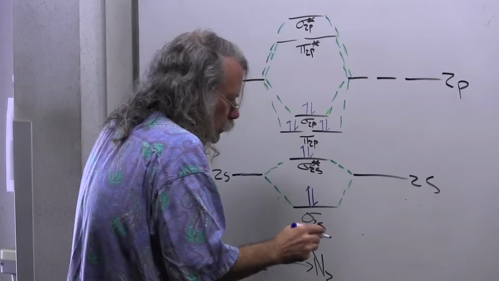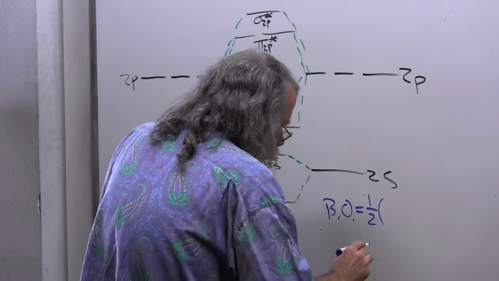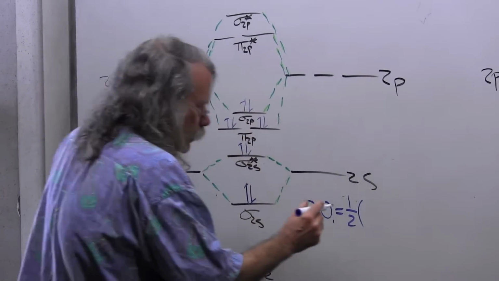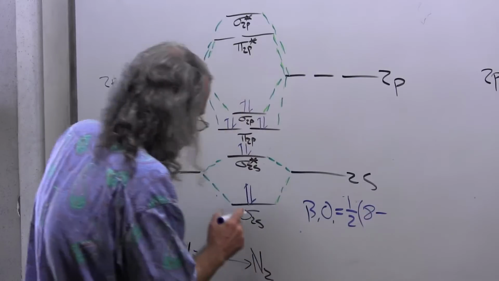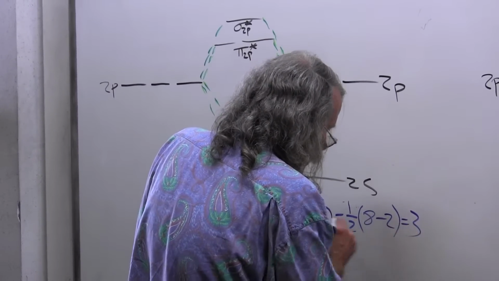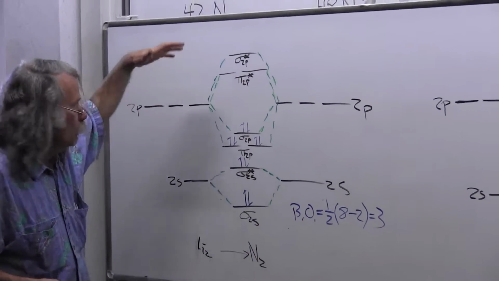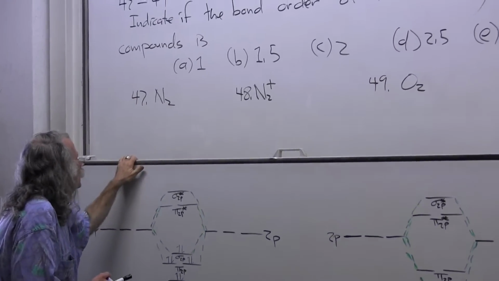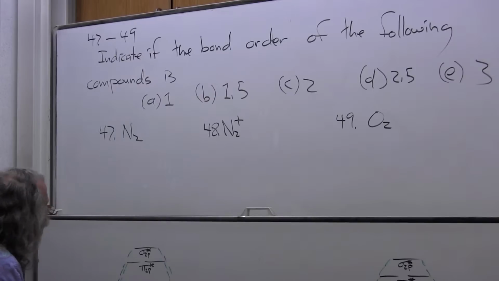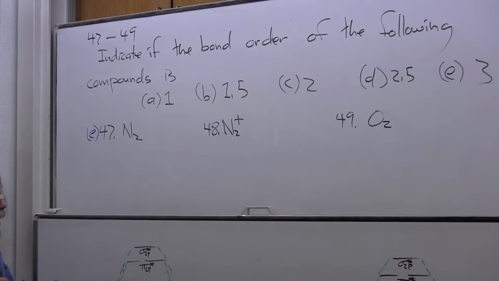And so my bond order is equal to 1/2. I have 2, 4, 6, 8 bonding electrons minus, and I've only got 2 anti-bonding electrons, equals 3. So I have a net triple bond, and that is consistent with what we already know with nitrogen. And so the answer to 47 is going to be E. So you fill in the E bubble on your scantron.